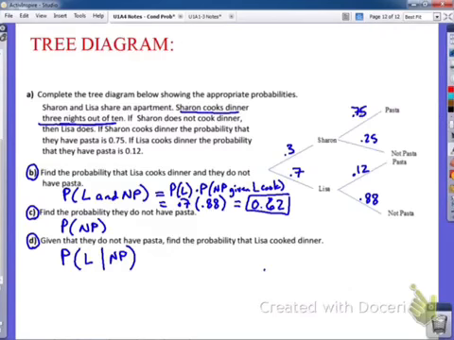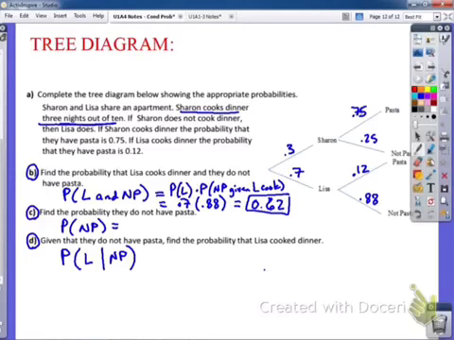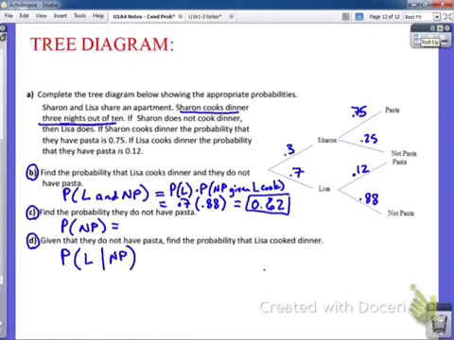Okay, so to find the probability that they do not have pasta, you have to think about the 2 possible ways they could not have pasta. They could not have pasta if Sharon cooks, or they could not have pasta if Lisa cooks.